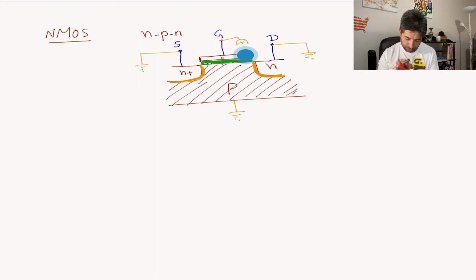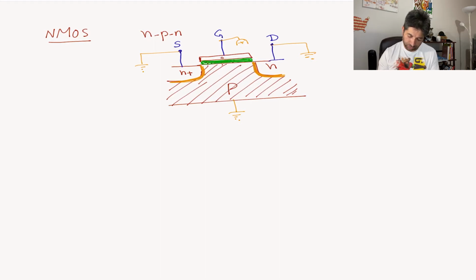With this positive charge over here, it collects whatever electrons. This is a P material, so it has majority holes, but it has some electrons as well, which are in minority. They try to go up, attracted toward that positive.